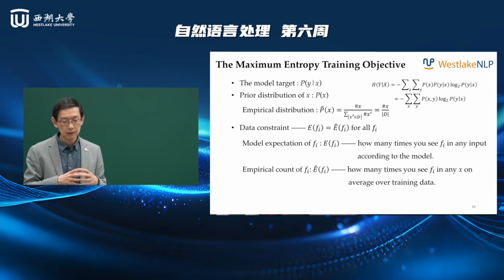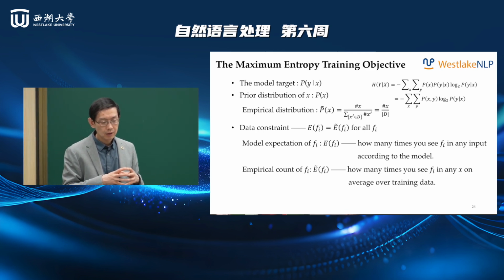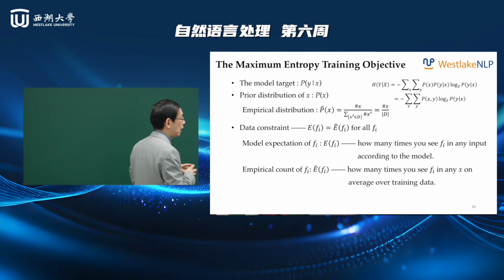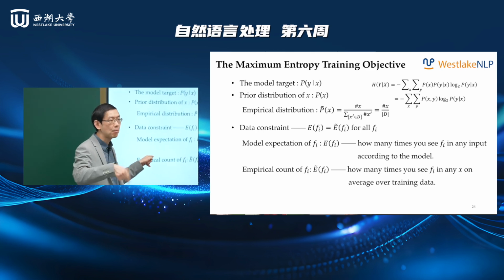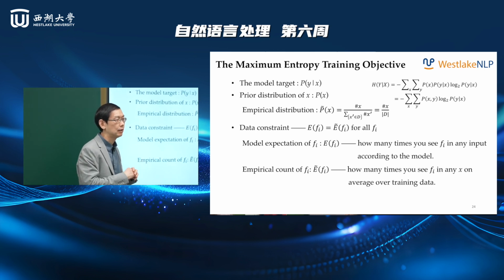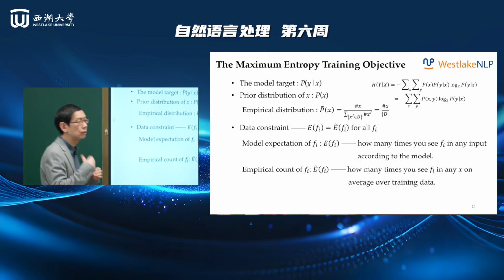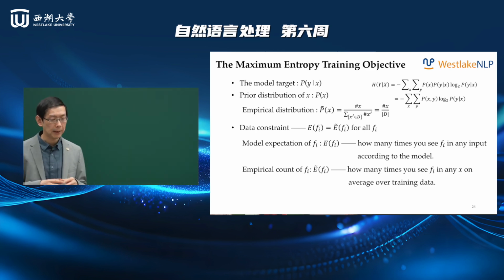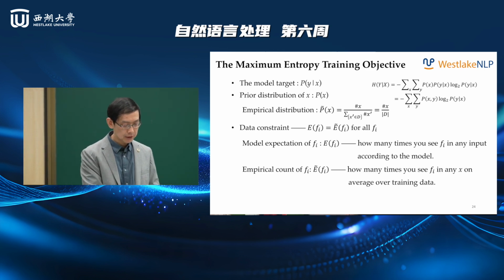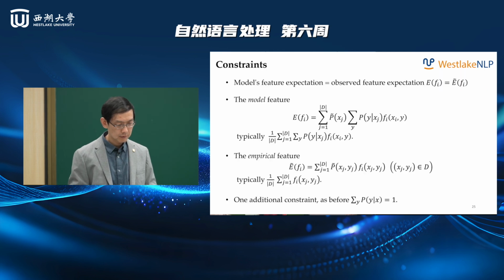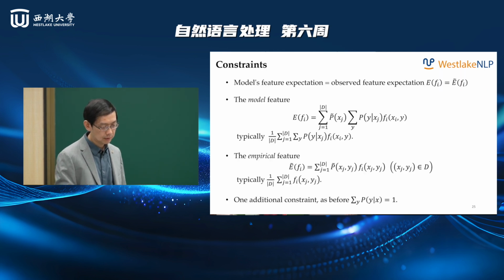On the other hand, for any input and output pair, maybe I can use my model to calculate how many times you encounter every feature according to the probability of this input-output pair. So how do I achieve that? So this is the equation.